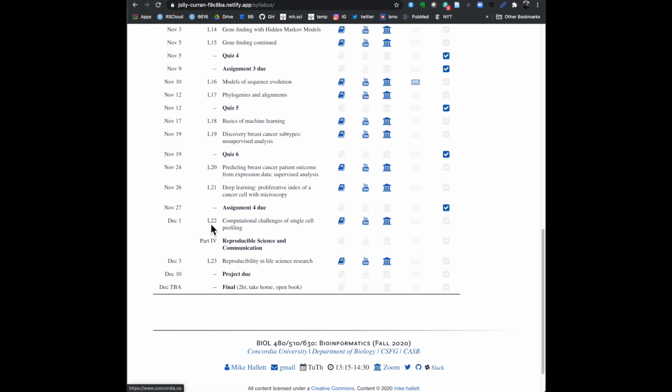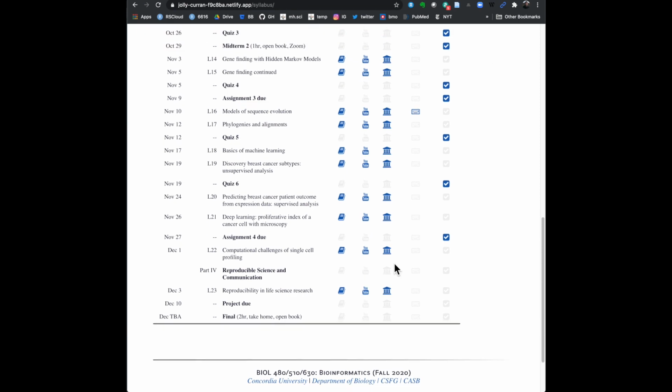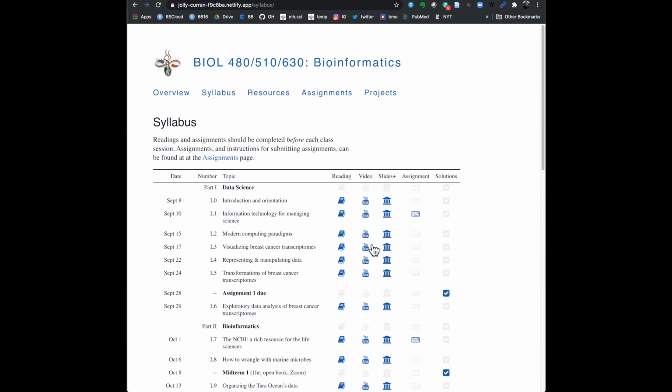So basically, this is all an example of what's called blogdown, an RStudio package that RStudio created. Blogdown was designed primarily for blogs, but I repurposed it for this course.